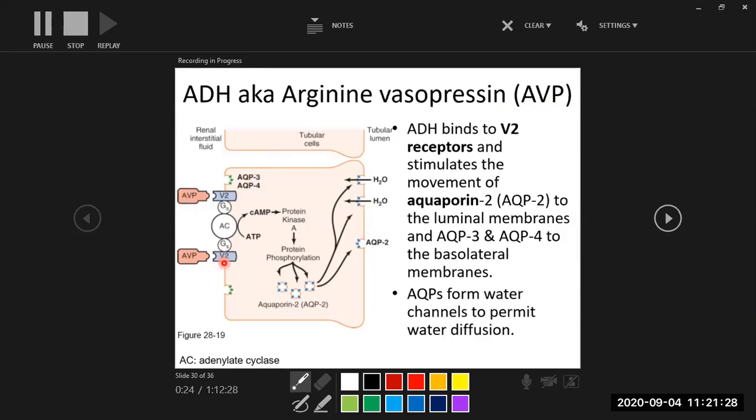AVP acts on the V2 receptor on the basolateral side, and then it will move this water channel to the cell membrane, opening up this channel. Water will then have this channel to diffuse across. And because the body has high osmolarity here in the medulla, water will be pulled from the urine back to our body. So that way we can reabsorb the water.